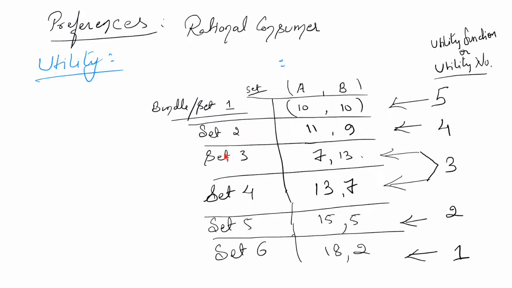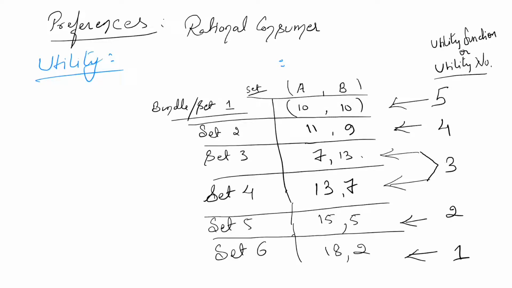In utility, to all the different sets of bundles that consumer may prefer, we assign numbers from the lowest to the greatest. The number having the highest face value will be the most preferred by the consumer, and the number having the lowest face value will be least preferred by the consumer. These numbers which are assigned to different sets are known as utility number or utility function.